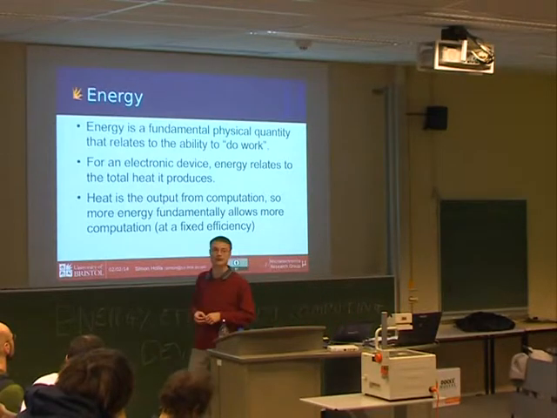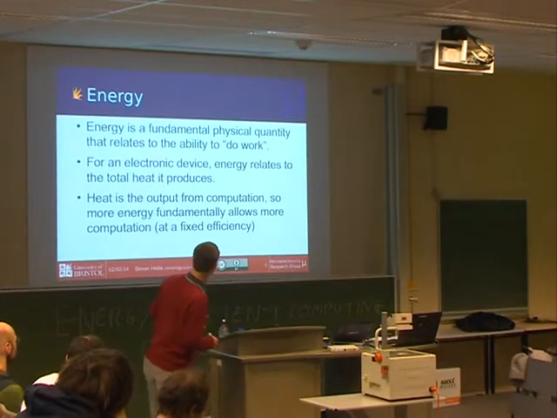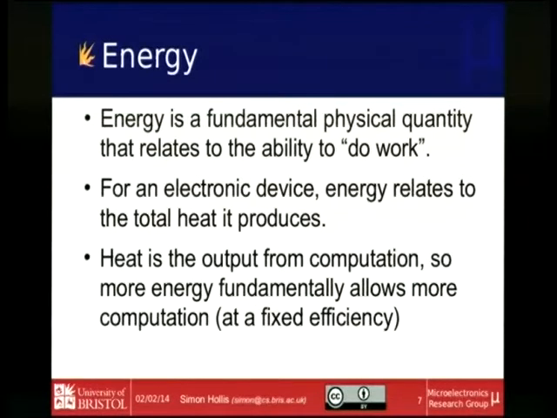So let's just get the fundamentals straight here. We have energy, which is this physical quantity that measures the work available to do in the system, or the work that has been done in the system. And that we can relate to the amount of computation that we can perform. So there's some efficiency of computation compared to an amount of energy you put in. And if you said that was fixed, then if you've got more energy, you do more computation.